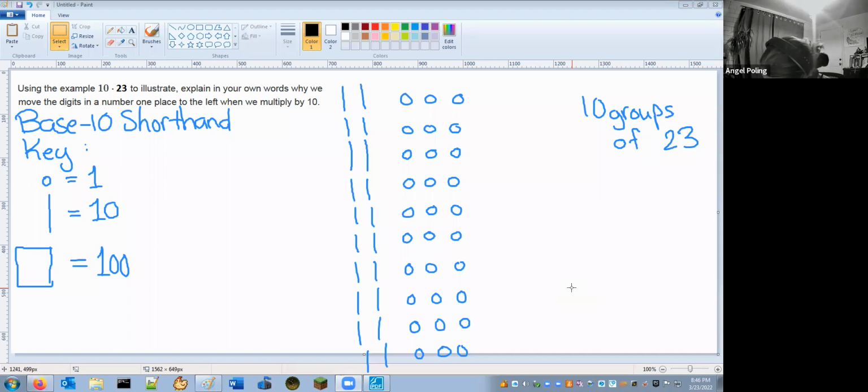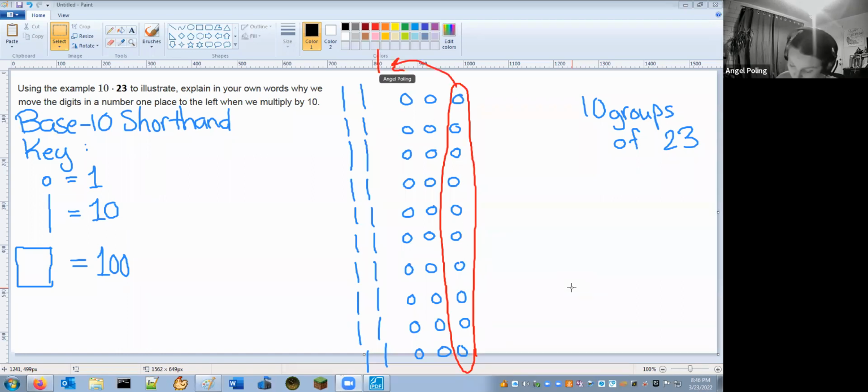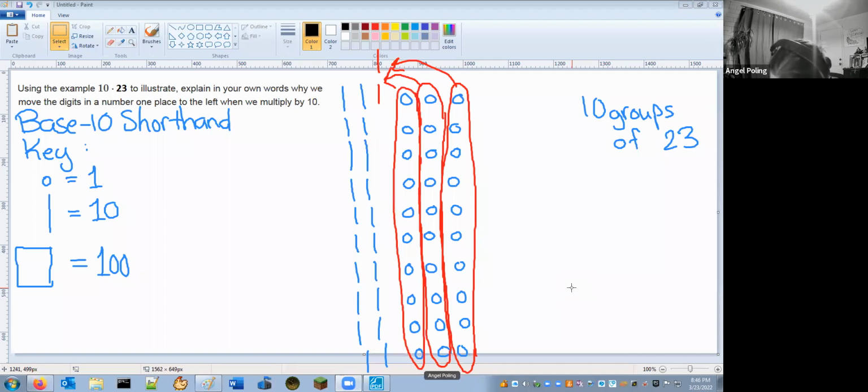Here's 10 1s. So that will regroup as a rod. Then I have another 10 units that regroups as a rod. And I have another 10 units that regroups as a rod.